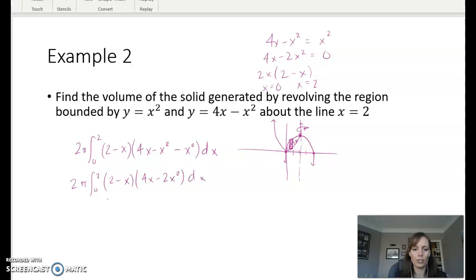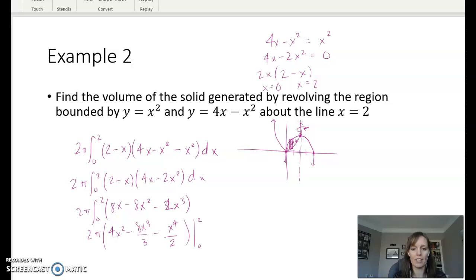I need to distribute, so I get 8x minus 4x squared minus 4x squared, I'm sorry, minus 2x to the third. Then I'm going to calculate the antiderivative, so I get 4x squared minus 8x to the third over 3 minus x to the fourth over 2 after I've simplified that.